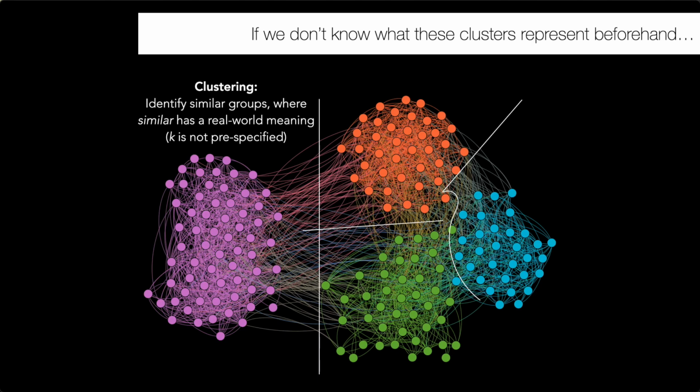With clustering, in contrast, we don't necessarily know what these clusters represent beforehand. We have a goal of what we think they mean, what we want them to mean, but we're going to apply some sort of unsupervised approach to extract the structure, and then maybe we go inspect the structure to learn something about what these clusters represent.